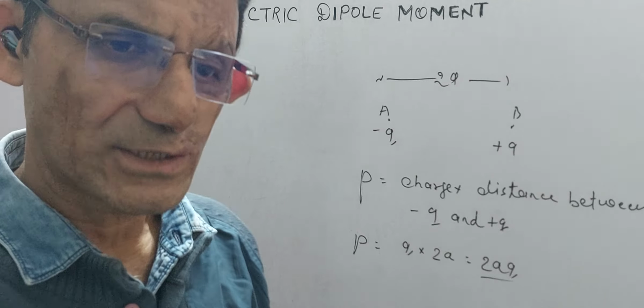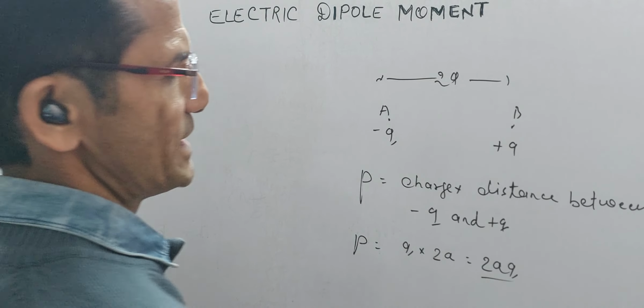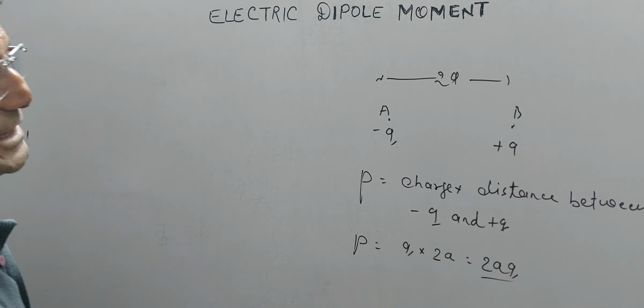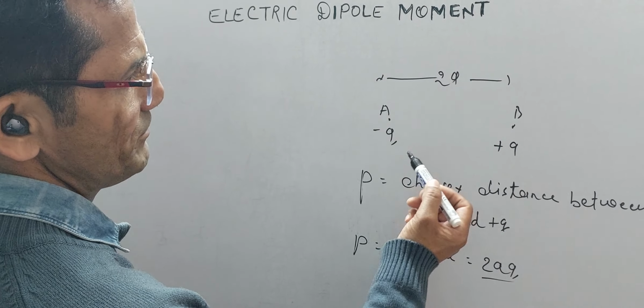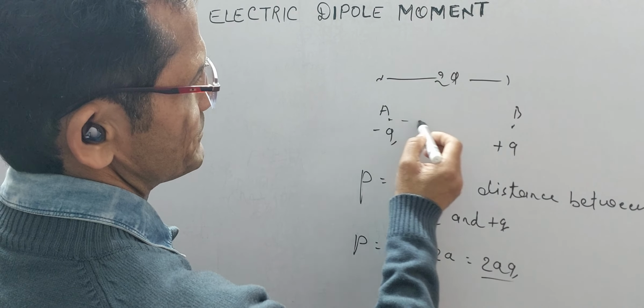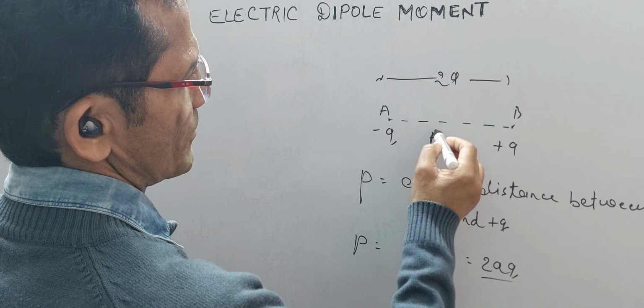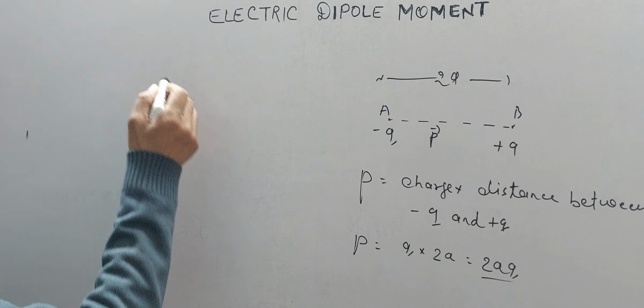Now it is a vector quantity. If it is a vector quantity, it has a direction. The direction of this dipole moment is from minus q charge to plus q charge.